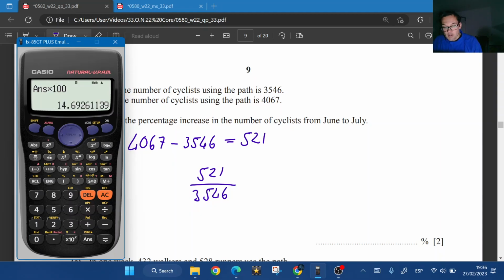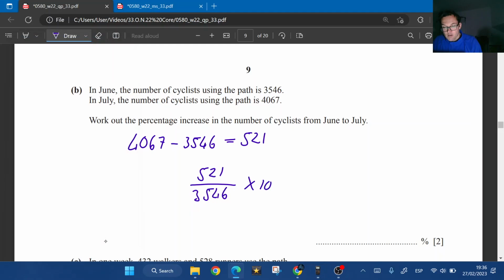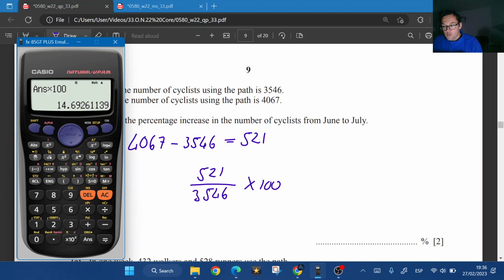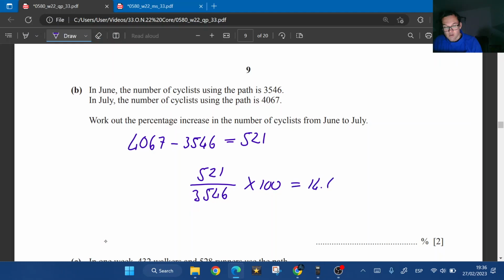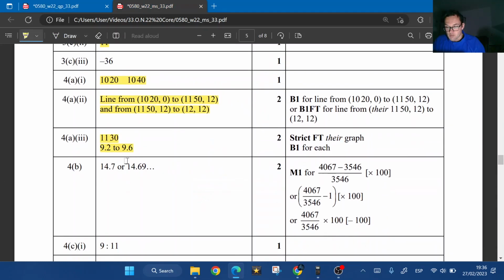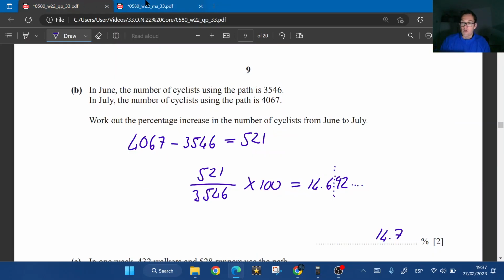And there we go, it's a 14.692 percentage increase. If you're going to round it to 3 significant figures, next to the 6 is a 9, so that's 14.7. 14.7, or the unrounded answer, gets you full marks.